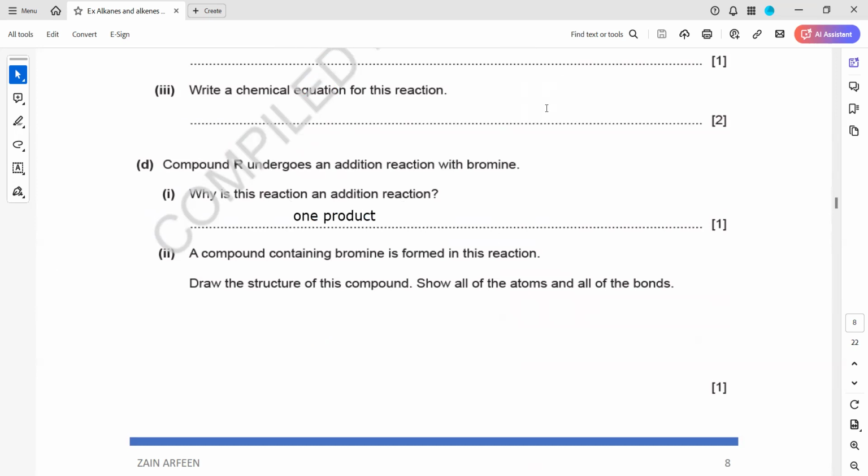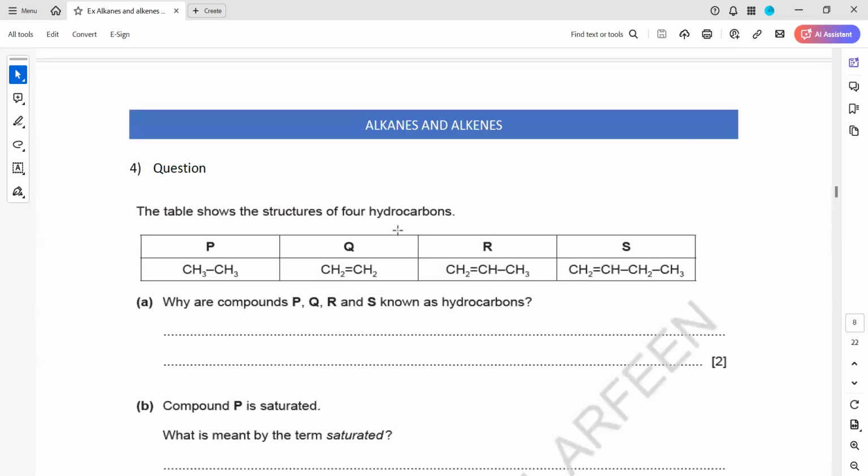Draw the structure. So when R is reacting with bromine, addition reaction is there. So this is R. So what actually happens when any alkene reacts with bromine? The double bond will turn into a single bond and the two bromine atoms attach to the carbons. So what will be the product when R reacts with bromine, Br2? Each carbon will have a bromine.